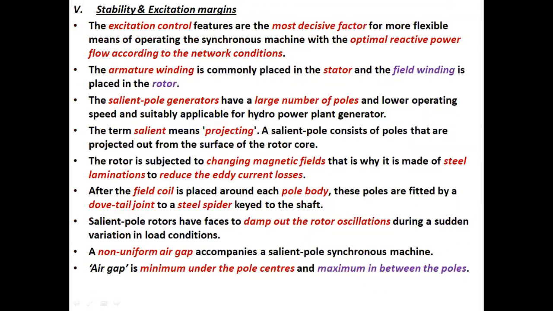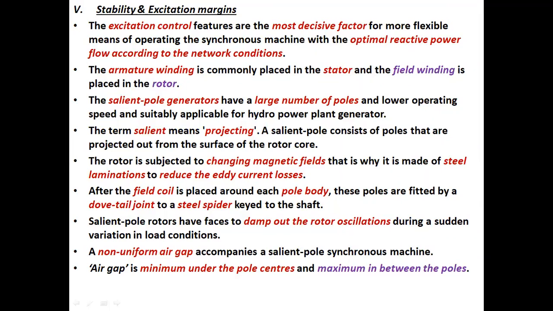Stability and excitation margins. That's the fifth one. And it's a very important one because the excitation control features are the most decisive factor for more flexible means of operating the synchronous machine with the optimal reactive power flow according to the network conditions.